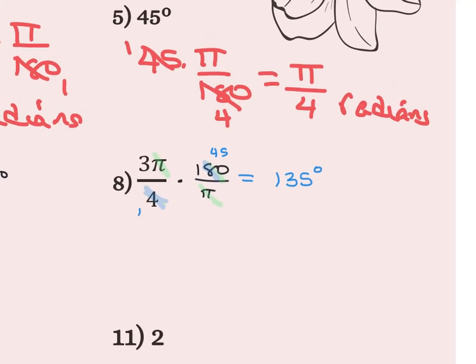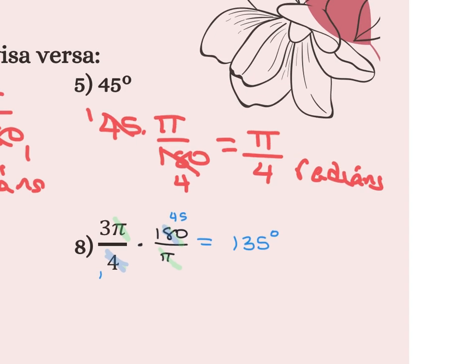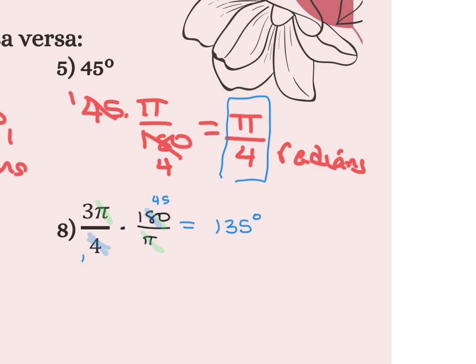Now, just to take a look at the one up above, the 45 degrees, let's see if this makes sense. So this is the exact answer. However, if I wanted to give an approximation for this, what I would do on my calculator is pi divided by 4, which gives me approximately 0.7854.